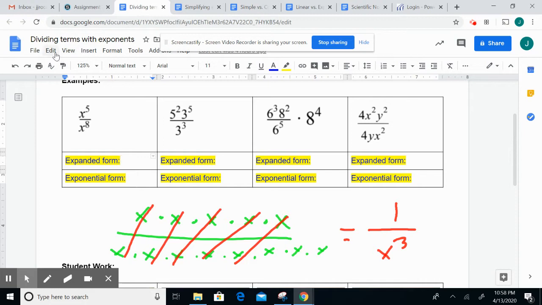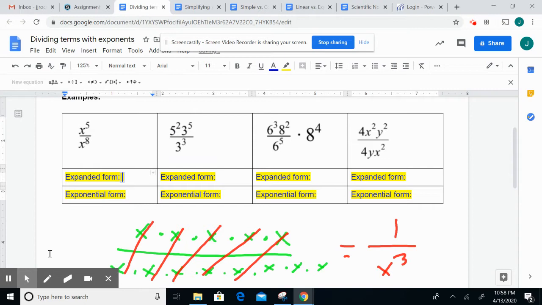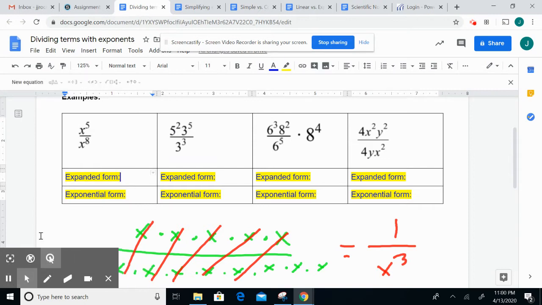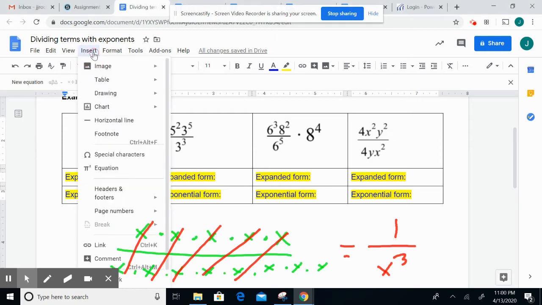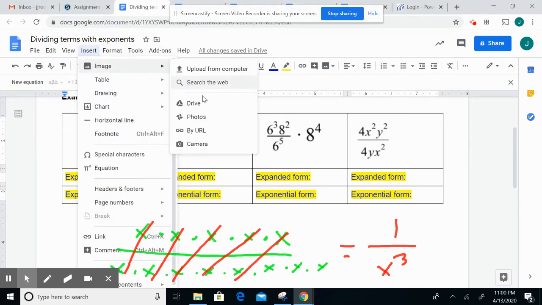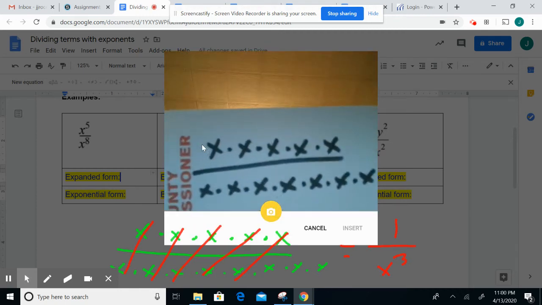You are going to insert an equation. The reason I paused is because it looks like the expanded form is going to be a little bit harder to type out. I had a thought. So what I'd rather you do is insert image. We'll go to camera.